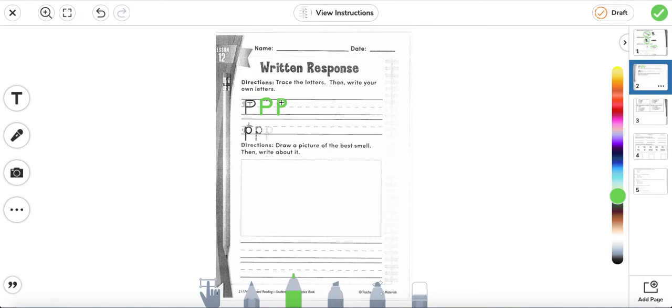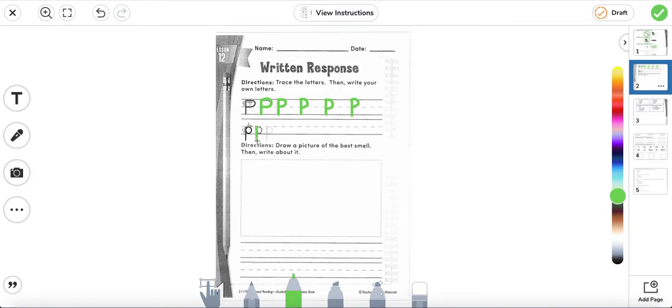And so the uppercase P touches the top line, the middle, and the bottom. Go ahead and draw 3 more. 1, 2, 3.